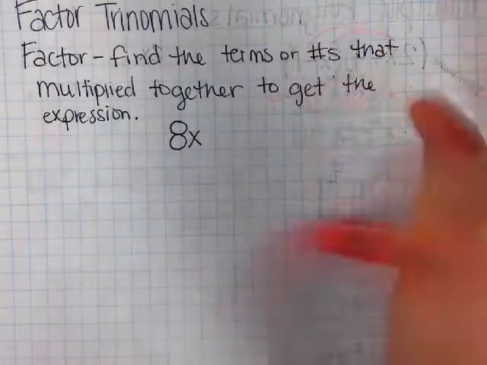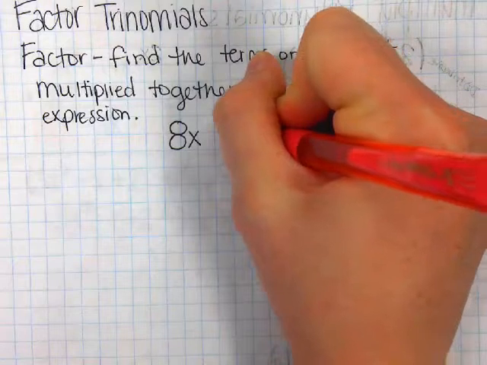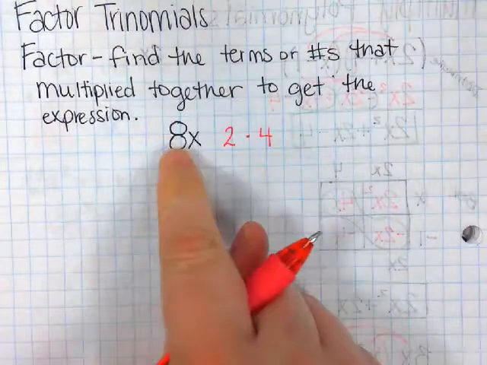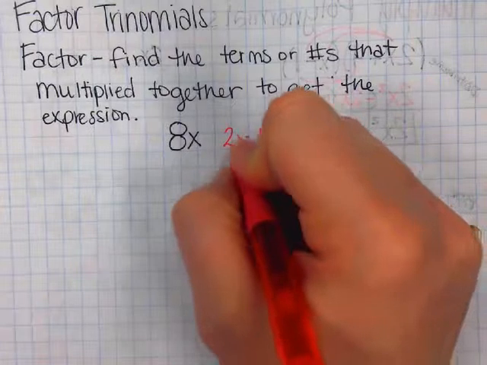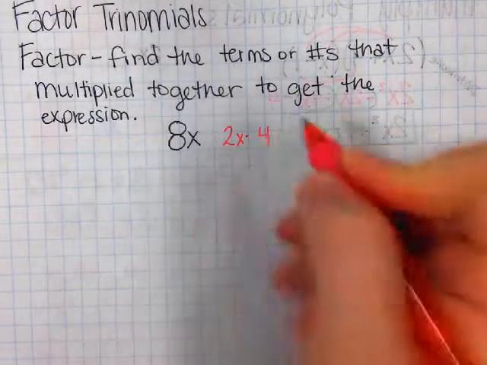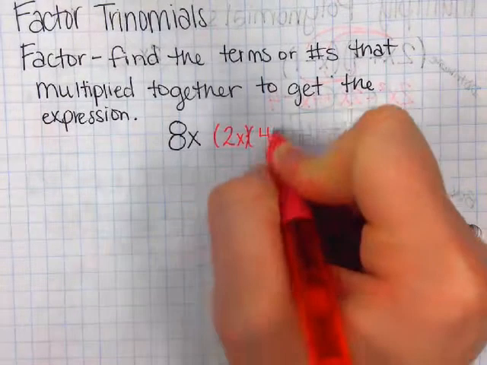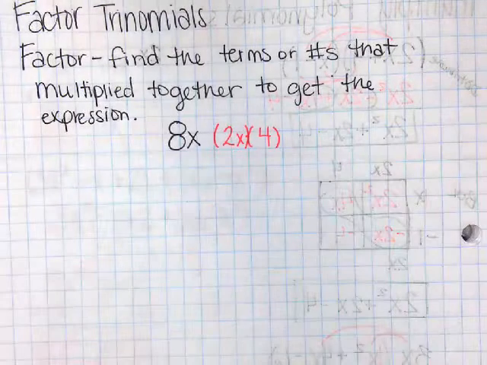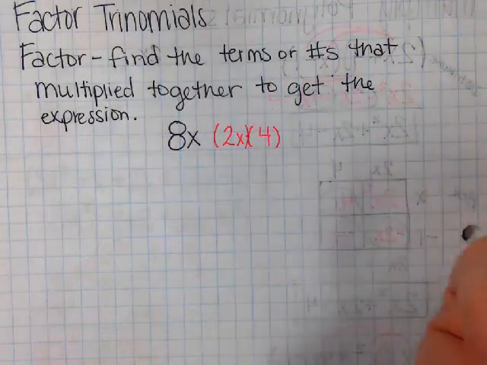So 2 times 4 gives you the 8, and then one of them has to have an x, because 2x times 4 would give you an 8x. So all factor means is to find what things multiplied to get that term, or to get that information.